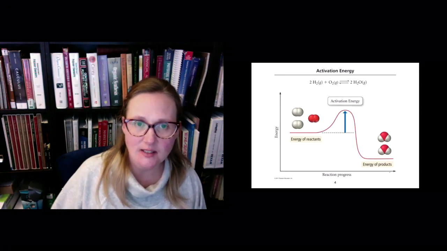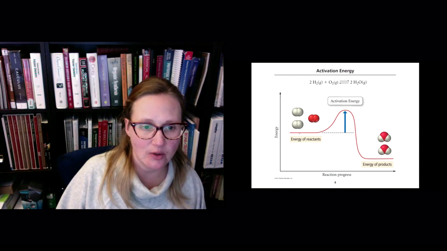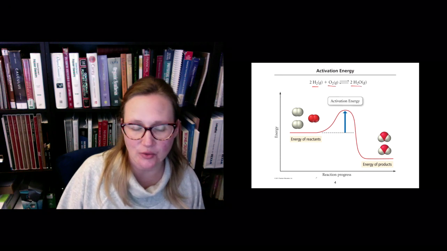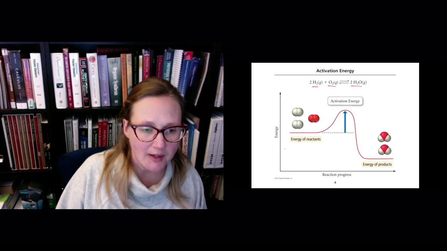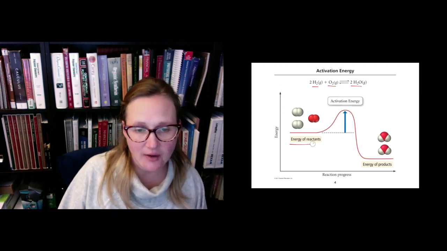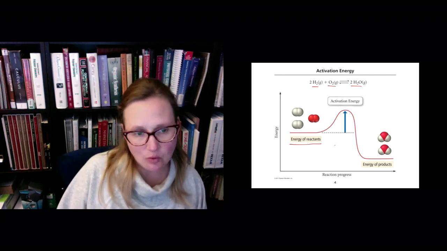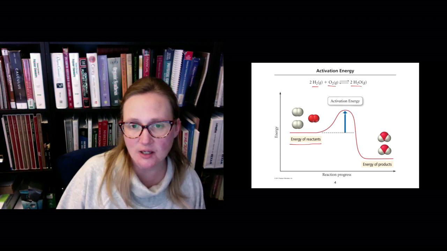Imagine you have a reaction where hydrogen and oxygen form two water molecules. On an energy scale, we have our energy of reactants. As the reaction moves forward and the energy increases, eventually we're going to make it to a spot called the activation energy.